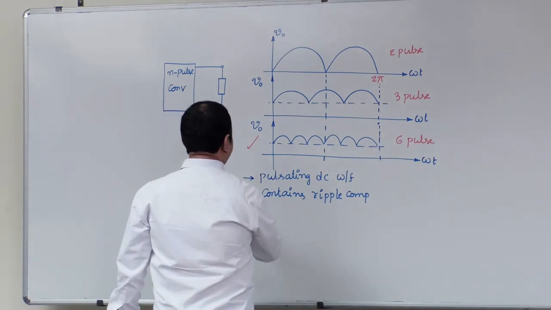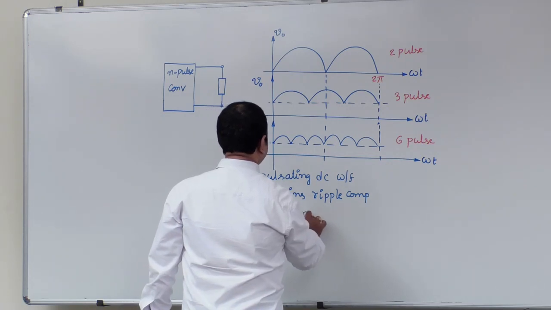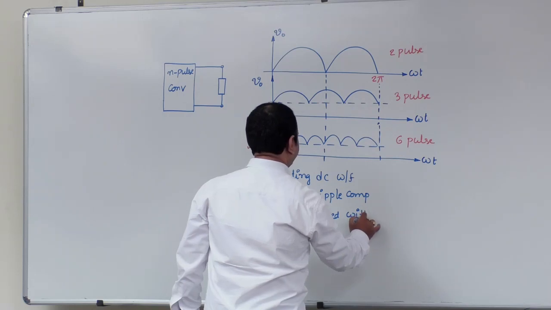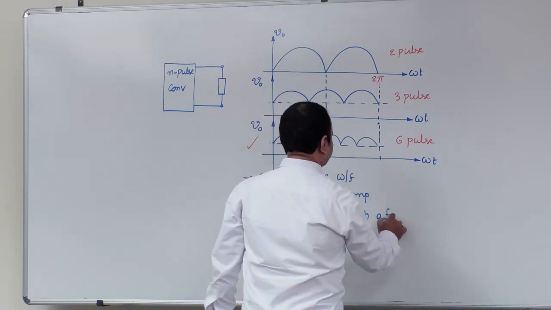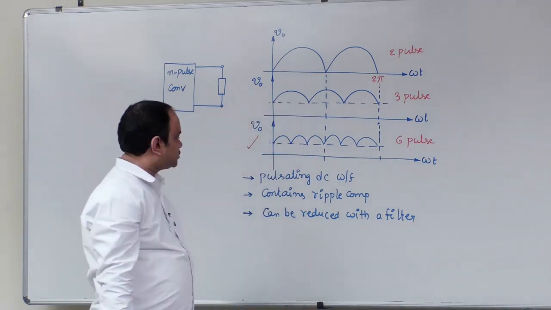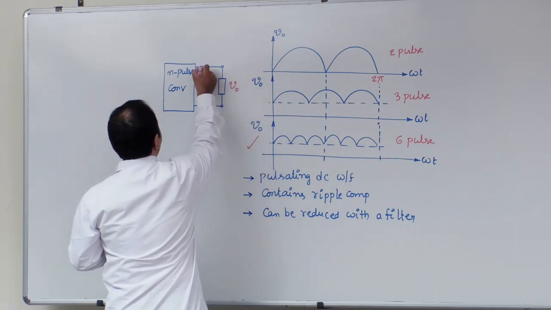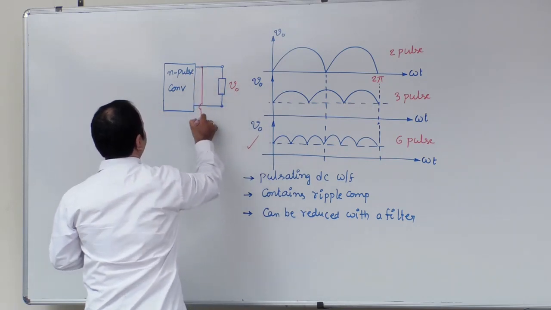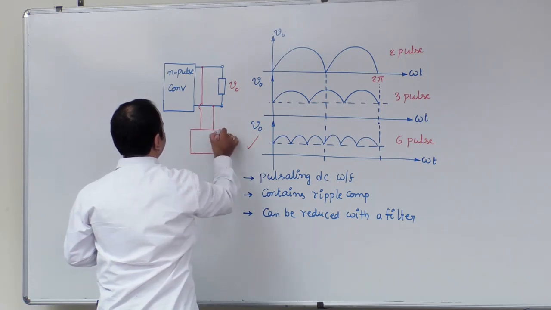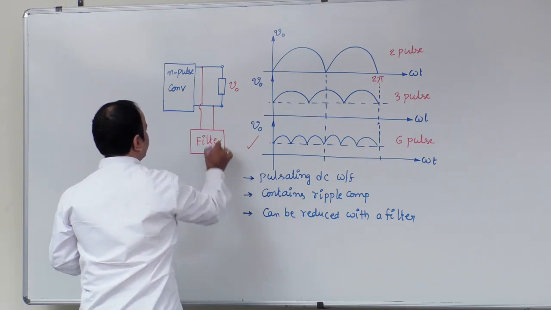Now what is the point here? This ripple component can be reduced with a filter circuit, okay. Basically the ripple component in the output voltage can be reduced by a filter which is placed at the load side, okay.